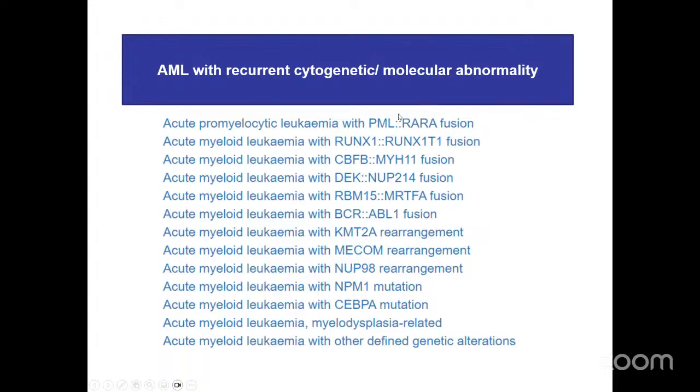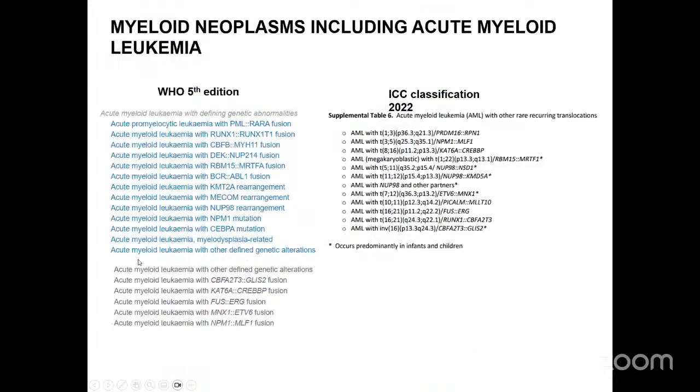And this is a list for the recurrent genetic abnormalities. And as you can see, this is in the 5th edition, and this is the ICC classification that is currently being used. And this list has grown from being just 2 or 3 translocations to so many translocations.